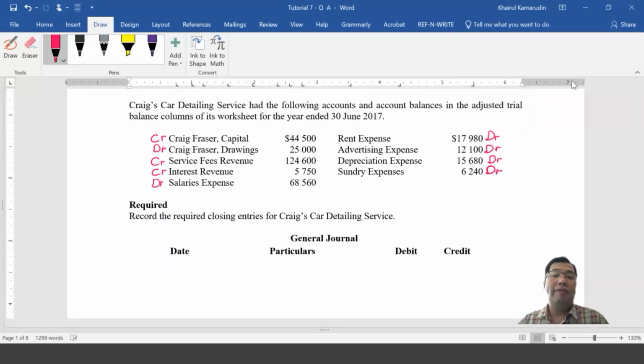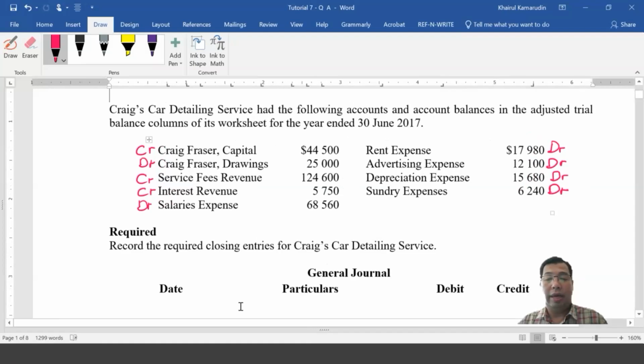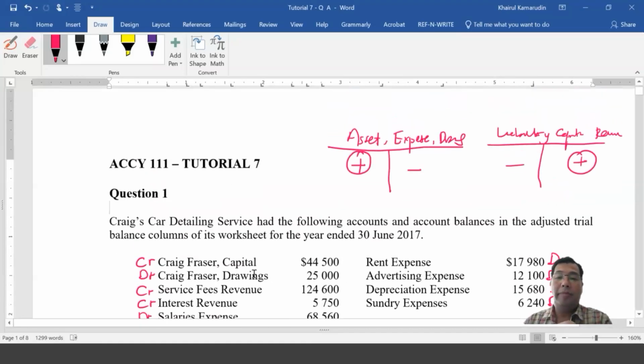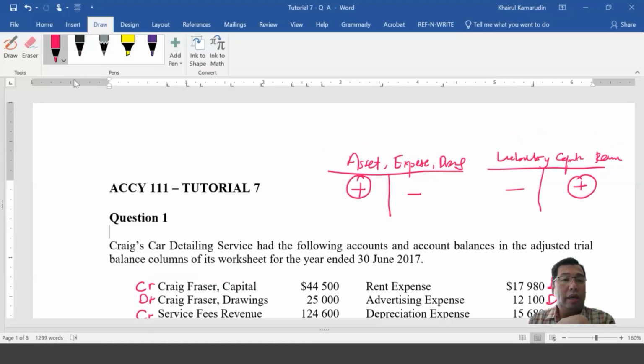Okay, and you have this balance here. When you want to close your accounts, there are only 4 steps. Always remember the steps. Step number 1, close revenue accounts. Step number 2, close your expense accounts.